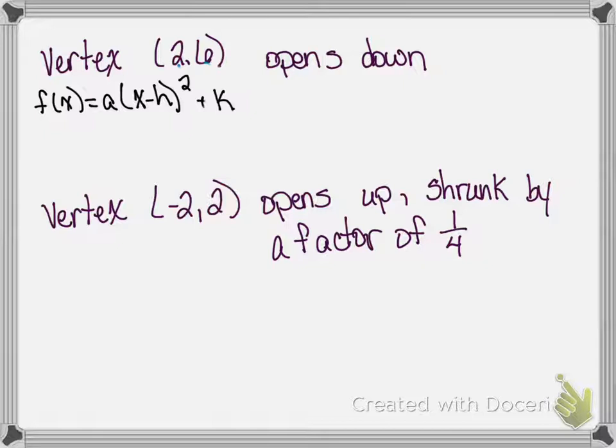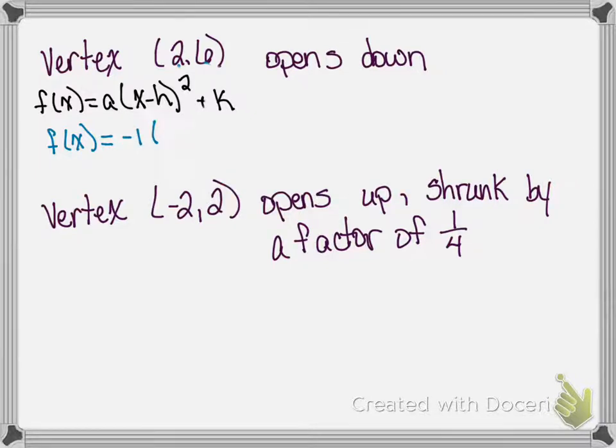So I'm going to go ahead and start with my a value. So I have f of x equals. What do I have to make my a value to make it open down? Negative. And I'm going to make it -1 because it doesn't tell me to shrink or stretch it. Okay? So it's just going to be -1. Okay?